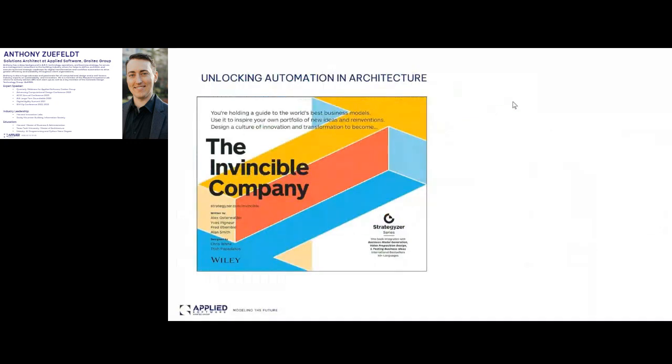So what does that mean for us in terms of, if we're thinking about automation, if we're thinking about how we can position our company to be better able to take advantage of some of this technology that's hitting the scene, it's worth taking a step back and thinking about this with a strategic mindset. I saw the attendee list. We have a cross section of principals, CEOs, BIM managers, and project managers.